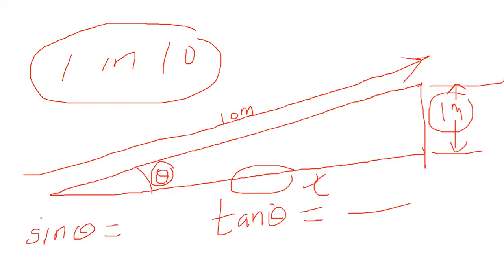Sin theta is equal to this 1 meter divided by this 10, opposite side divided by hypotenuse, and tan theta is opposite and adjacent. So we are going to modify the formulas as per the requirement.